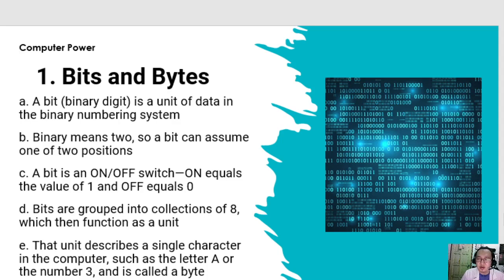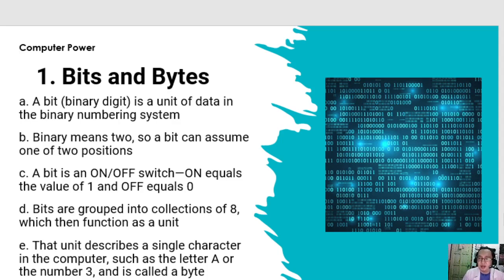And of course, during the early stages of the personal computers, these codings, these bits and bytes, were severely limited. It was quite a challenge to produce these types of computers with limited images of the binary system.